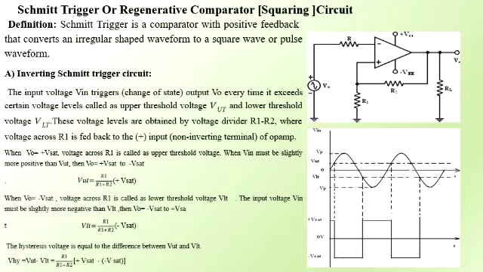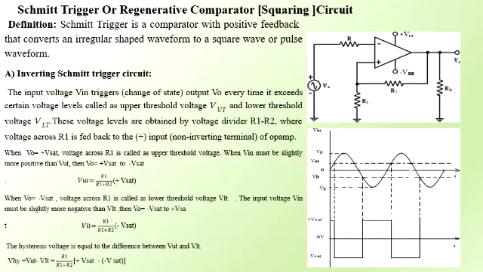Therefore, the voltage VLT, which is the voltage across R1, equals R1 divided by R1 plus R2, in brackets, times minus VSAT.